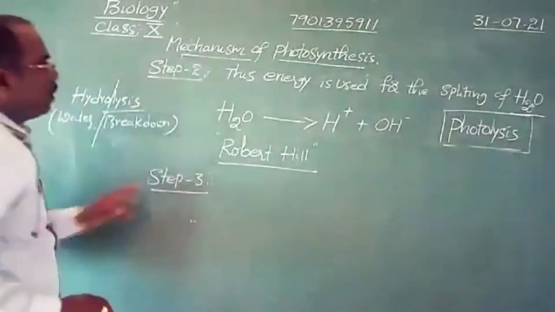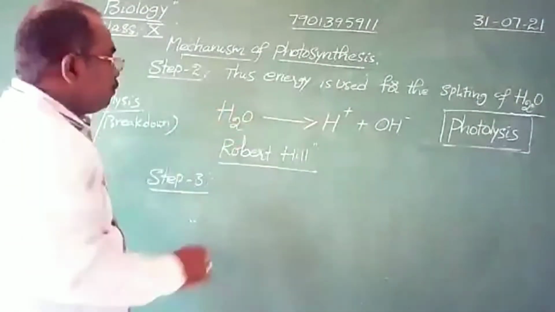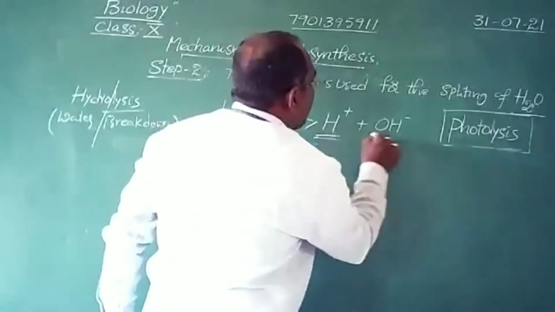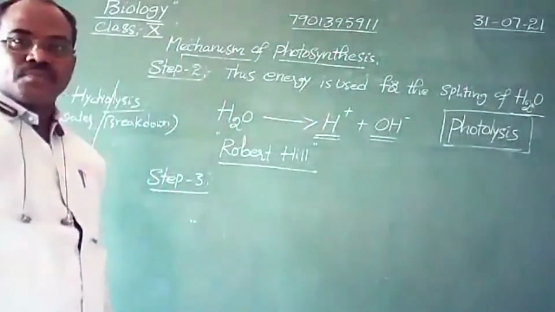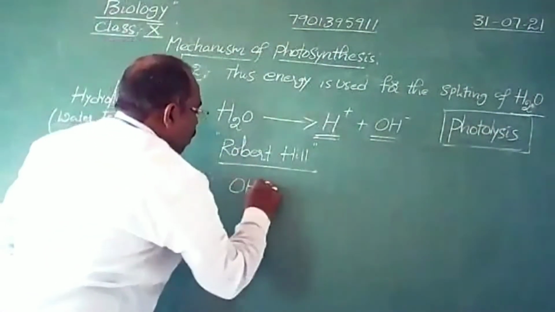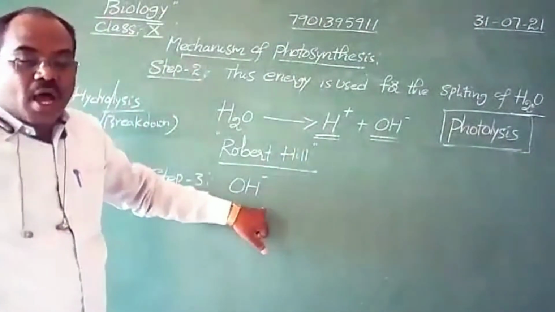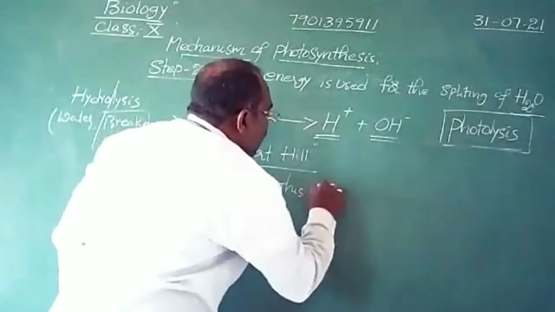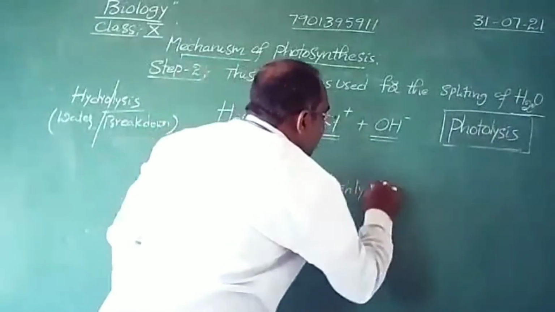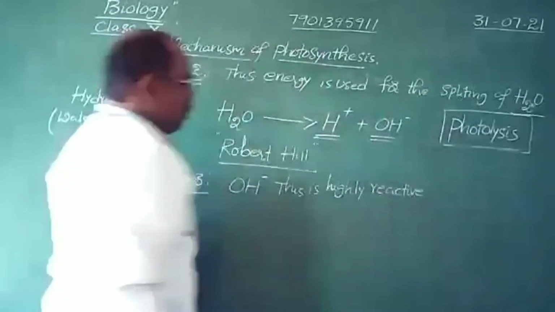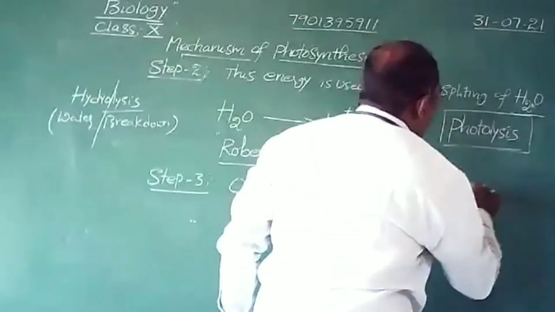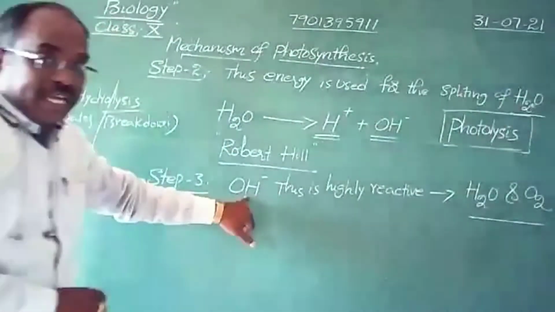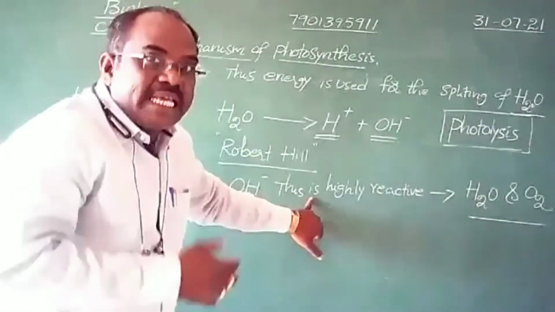Step 3. In step 2, the water molecule is split by using light energy into H positive ion and OH negative ion. The OH negative ion is highly reactive.